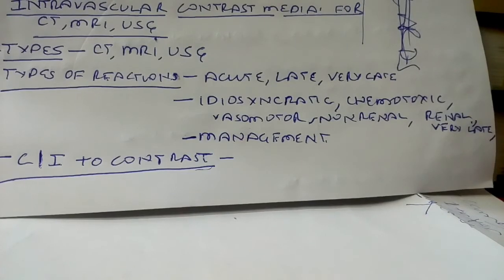The other way of dividing it is renal and non-renal. Renal can cause a decrease in GFR. Non-renal are the reactions which occur in other parts of the body, like in the skin, erythema, epilation. And there are also very late reactions, like thyrotoxicosis.